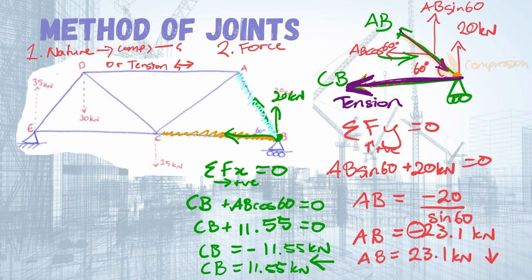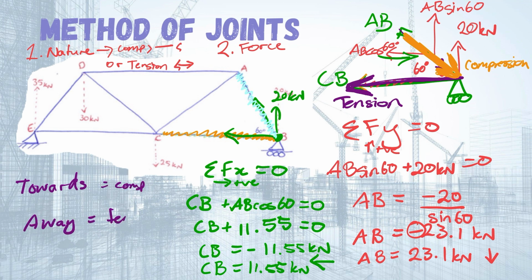In contrast, if something is acting towards the pin joint, so AB is acting towards this pin joint, like that, it's getting compressed, so it's in compression. So that's the basic way to work out what the nature of it's going to be. Basically, if it's acting towards the joint, then it's going to be in compression. If it's acting away from the joint, it's going to be in tension. And that's the method of joints.